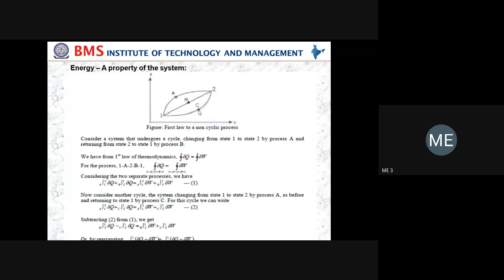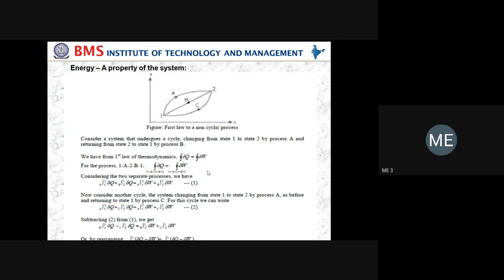Initially, I'm not considering path C. This is a cyclic process, considering two paths A and B. So for the cycle 1A to B1, cyclic integral of dQ equals cyclic integral of dW. You have to mention the cyclic path.